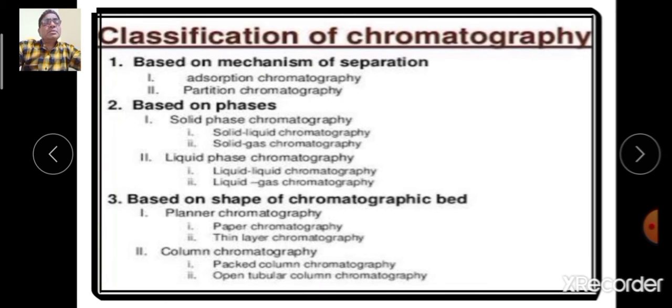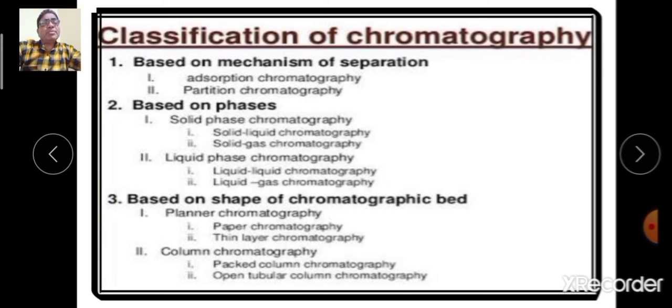Now, in the classification of chromatography, the classification is based on various mechanisms. The first one is the mechanism of separation. Here, when the mechanism used is adsorption, the chromatography is known as adsorption chromatography, and when the mechanism of separation is partition, it is partition chromatography.